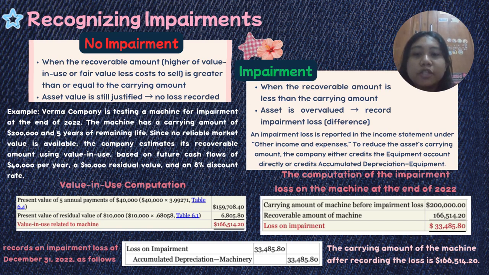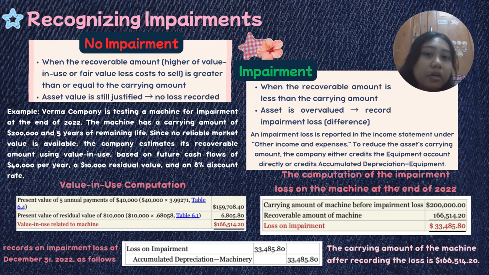Okay, I will also explain the conditions when there is no impairment and when impairment occurs. When there is no impairment, the recoverable amount, the higher of value in use or fair value less cost to sell, is greater than or equal to the carrying amount, and the asset value is still justified, so no loss is recorded. The next is impairment.